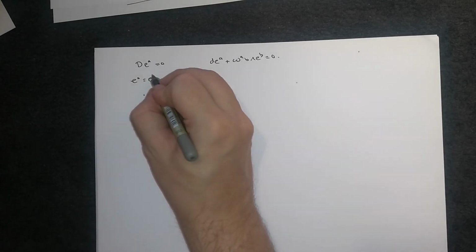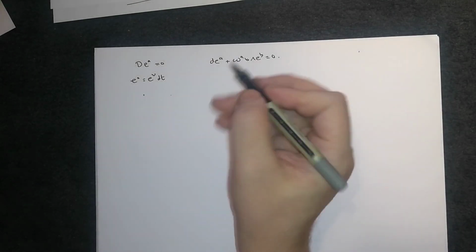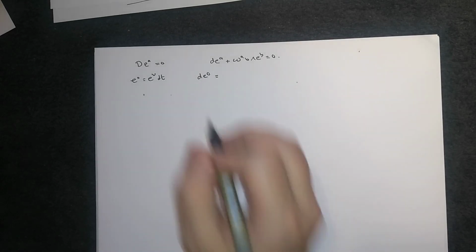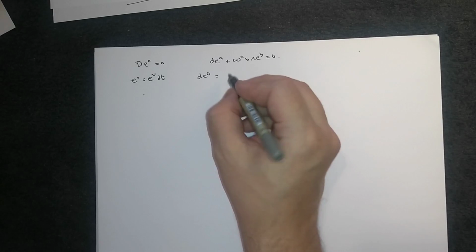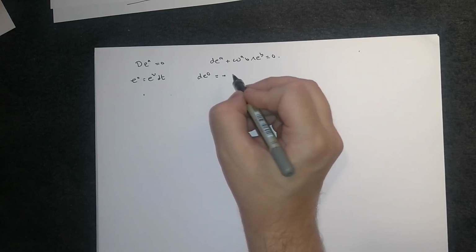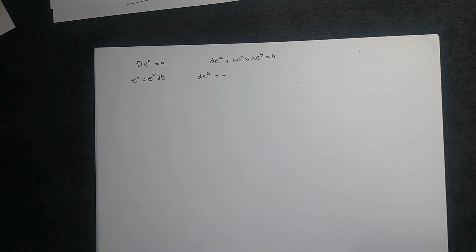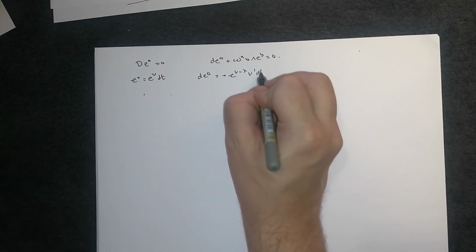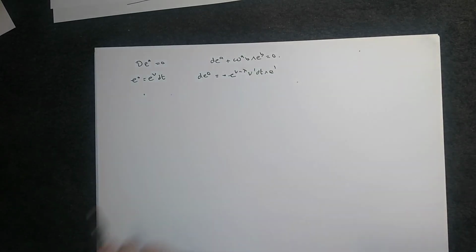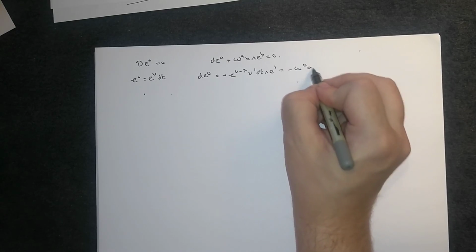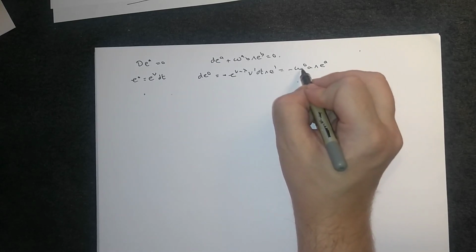E0 is e to the nu dt. So DE0 is minus e to the nu minus lambda nu prime dt wedge E1. So I've written it in terms of that basis vector, which is minus omega naught a wedge EA.